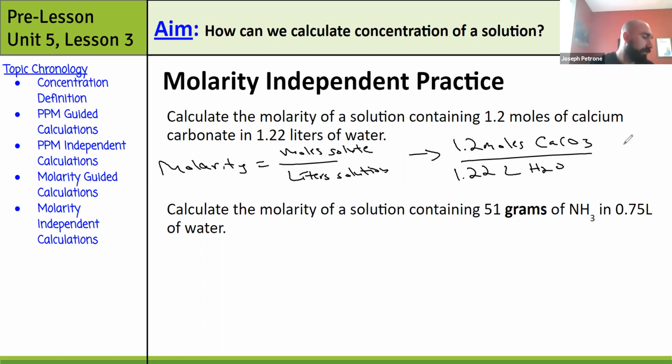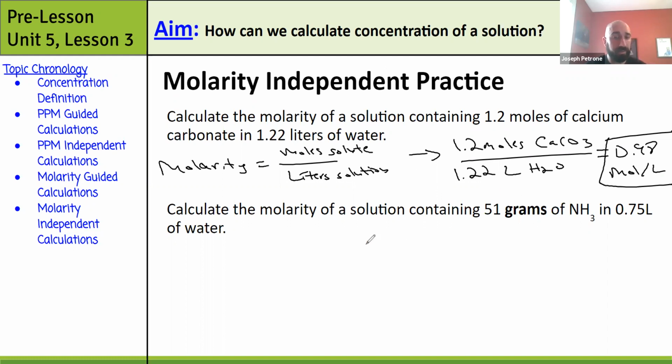So you would pop this into your calculator, and you should get a solution of 0.98 moles per liter. Once again, 0.98 moles per liter.